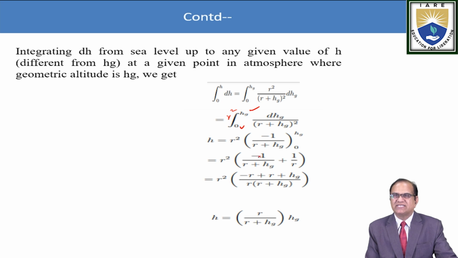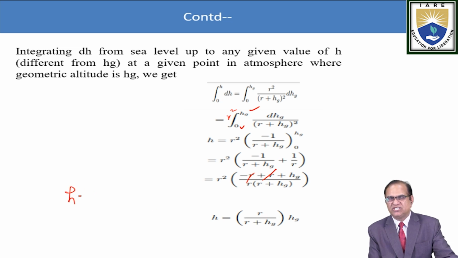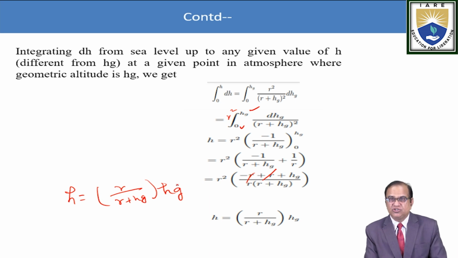So here, minus r plus hg... r plus hg minus r over r, with r and r cancelling, so only one r is left. So r by r plus hg into hg. So we got that geopotential height h is equal to r divided by r plus hg into hg. So this is the relation between geopotential height h and geometric height hg.